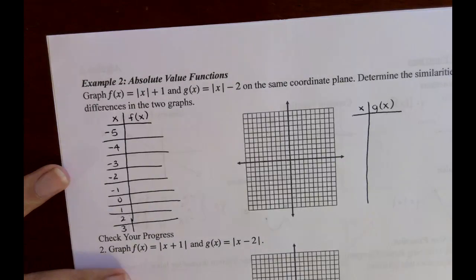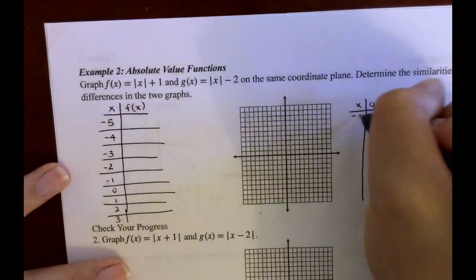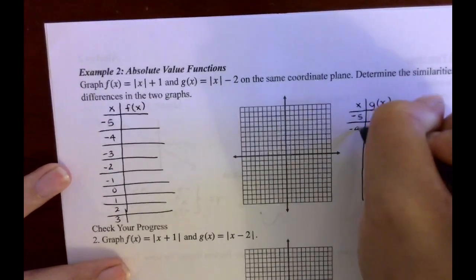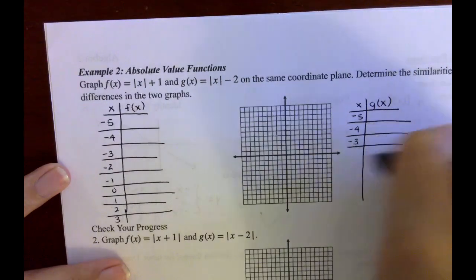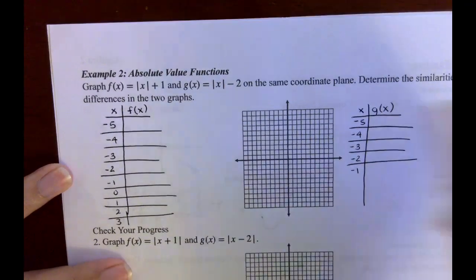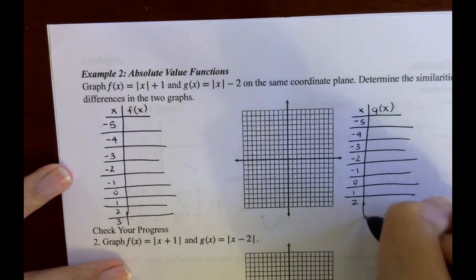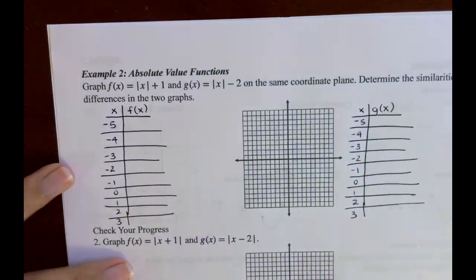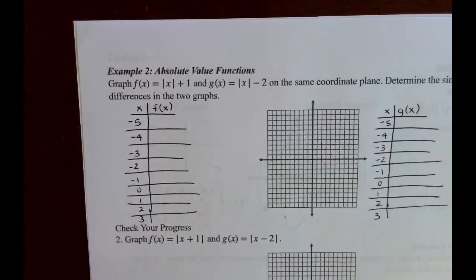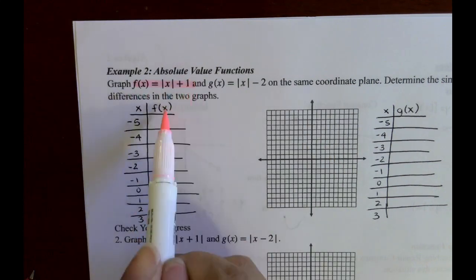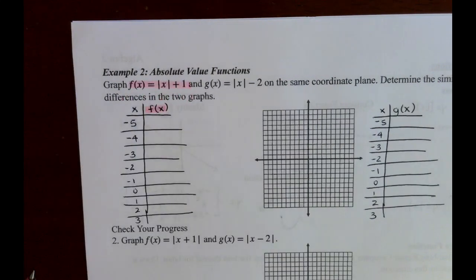Okay, let's just do that for now. Same thing for this, -5, -4, -3, -2, -1, 0, 1, 2, 3. Okay, so let's start. I'm going to do one of them in pink, and I'm going to do the other one in another color.